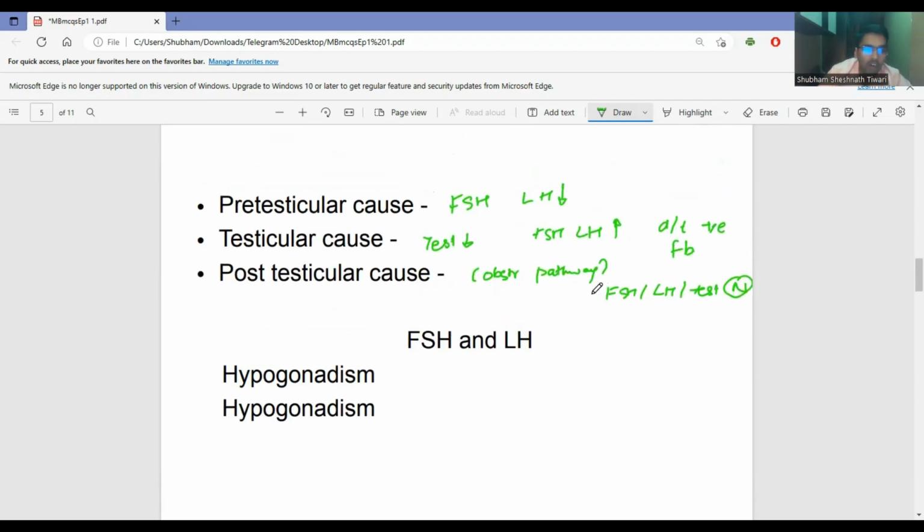So, as we all know, hypogonadism is a pre-testicular cause. So, in pre-testicular cause, FSH and LH should decrease. And talking about hypogonadism, it can be either hypergonadotropic hypogonadism or hypogonadotropic hypogonadism. So, if it's hypergonadotropic hypogonadism, the FSH and LH values will rise. But if it's hypogonadotropic hypogonadism, the FSH and LH values will decrease.